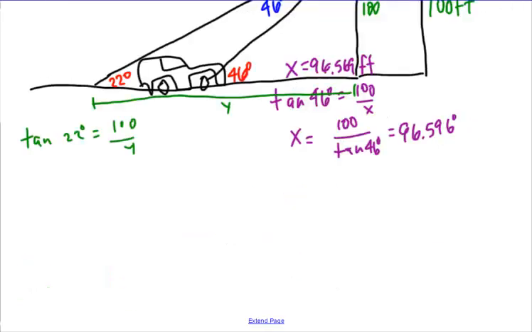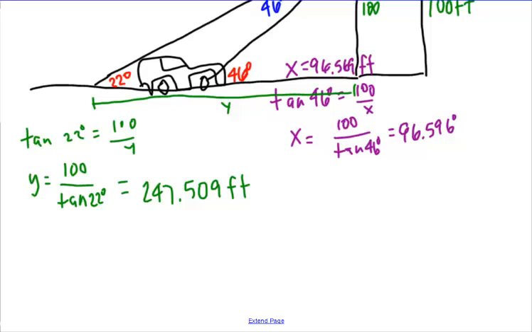And so now get the y all by itself. You're just going to punch in 100 divided by the tangent of 22 degrees. And that is equal to 247.509 feet.